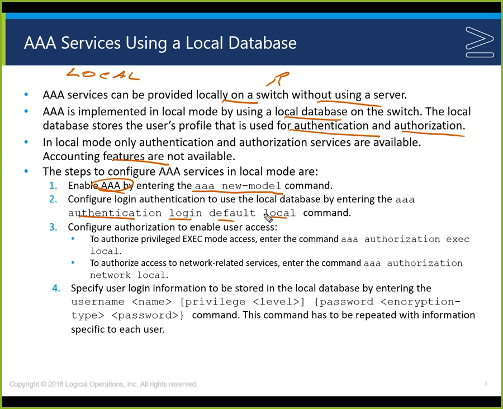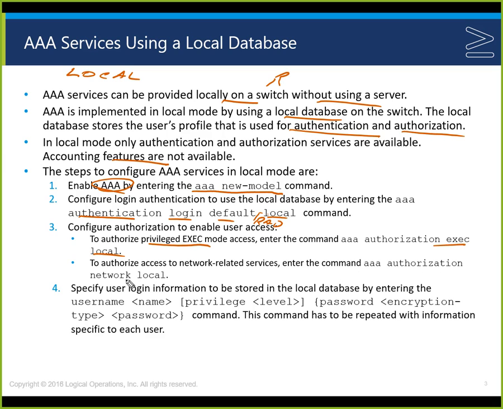You don't really have to do all of this to use a local database. What we could do here, instead of default local, is put in this methods list the RADIUS group, and then it would use it first and on down the line. Say aaa authorization exec local to authorize privilege exec mode access. Then aaa authorization network local to authorize access to network related services.